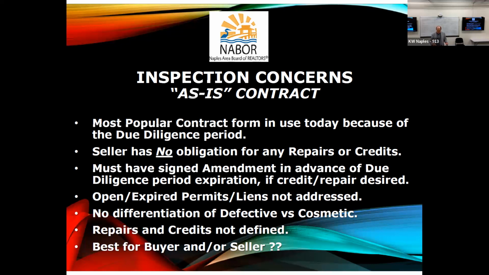Now, you'll notice in here, and you can take time reading this on your own, there's a very clear definition of what's defective and what's cosmetic, what the buyer could ask for, and what the seller could say: sorry, that's cosmetic, that's normal wear and tear, I don't have to do anything about that. That's the difference in essence between the as-is contract and the regular contract: we have definition and clarity, and we have language in here that protects the buyer, that a licensed contractor has to do the repairs, and receipts have to be provided in this contract.